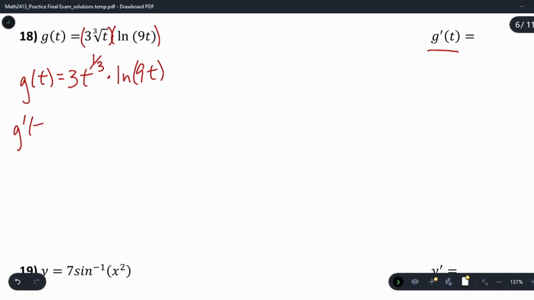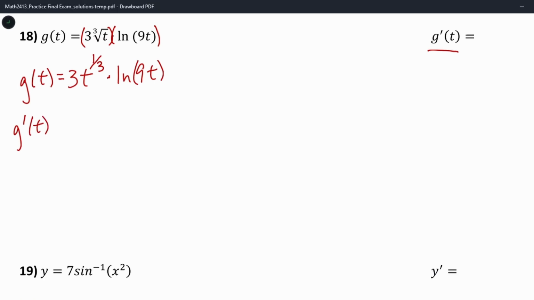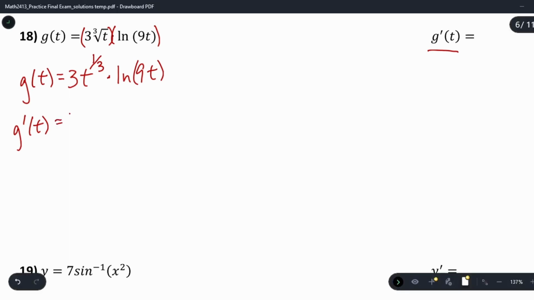The derivative of g of t says we're going to take the derivative of the first. 1/3 times 3 is 1. T to the 1/3 minus 1 is negative 2/3. That's the derivative of the first times the second, plus the first, 3t to the 1/3, times the derivative of the second.